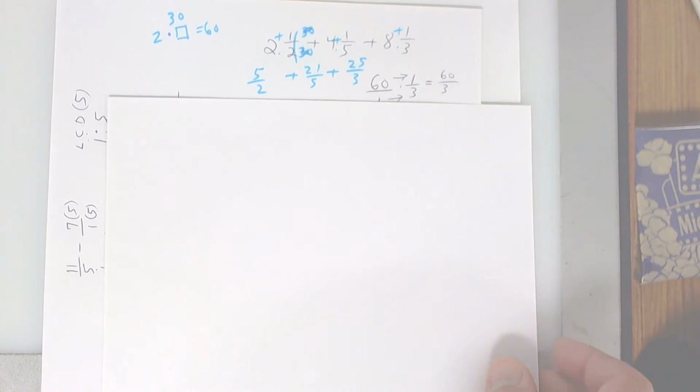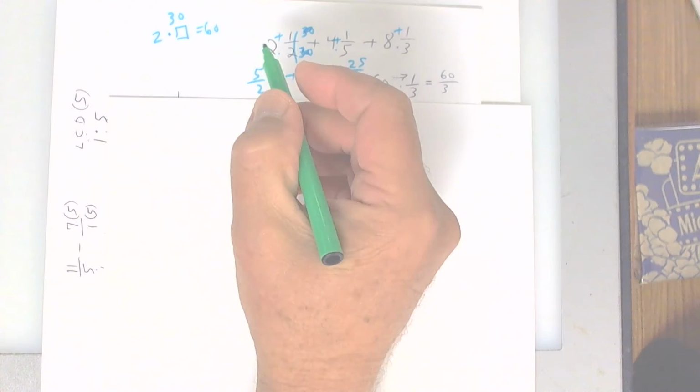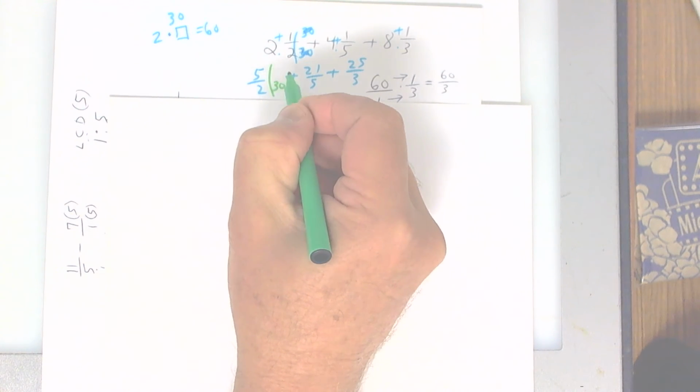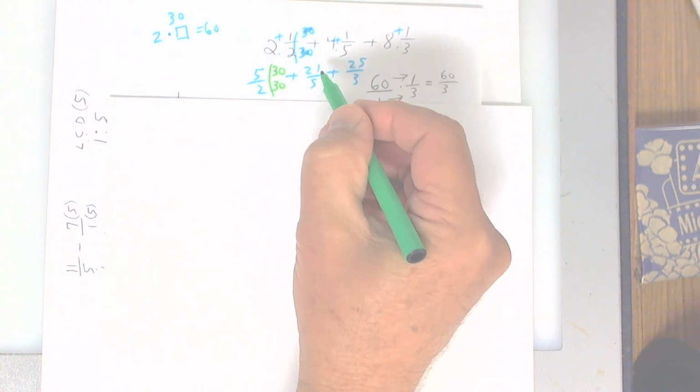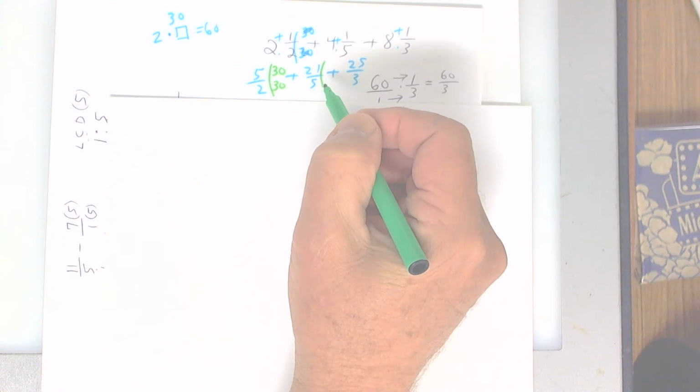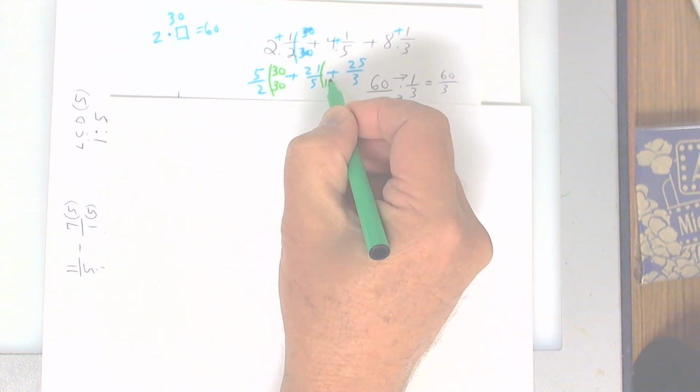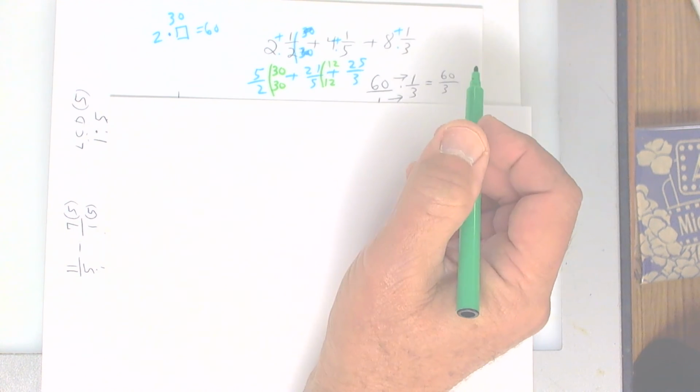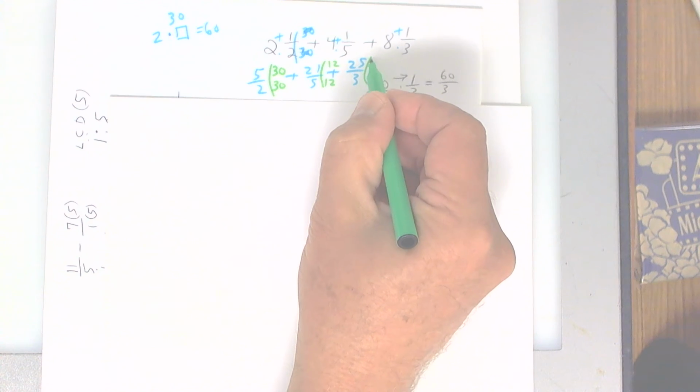So watch what I do. I'm going to multiply this one right here by 30, just like I was going to do. This one, 5 times what is 60? 5 times 12, I think. So I'm going to do times 12. This one, 3 times 20.